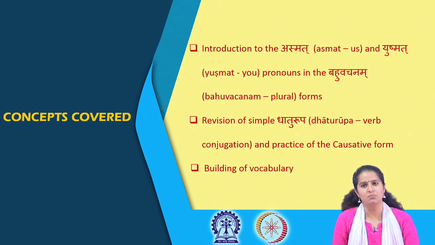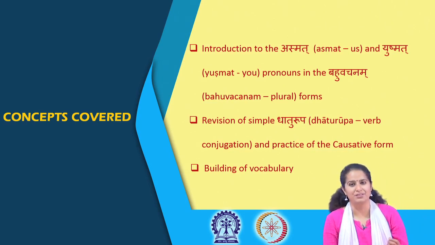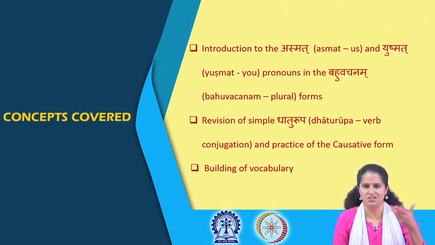I just wanted to mention that we've already talked, in our previous course, the introduction to basic spoken Sanskrit, about how we refer to the first and second persons in Sanskrit. In English we have the first person, second person, third person. In Sanskrit it doesn't follow that order. It's just a revision.